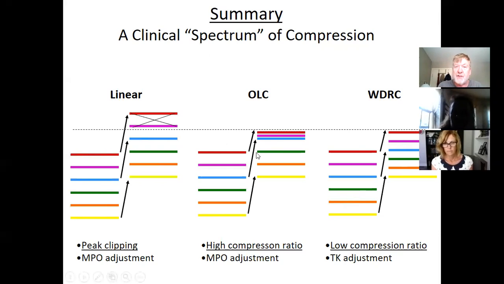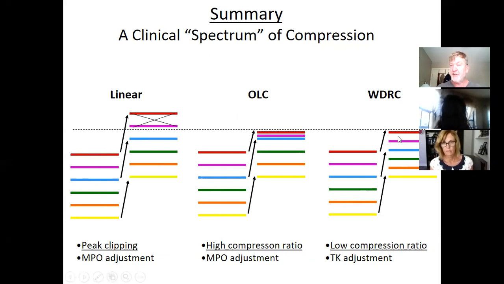So what you've got is a similar happening for soft inputs, the yellow, and blue, the average inputs. And the difference is no peak clipping is used to limit the MPO. The horizontal line is where things stopped, and the output is limited by compression instead of by peak clipping.